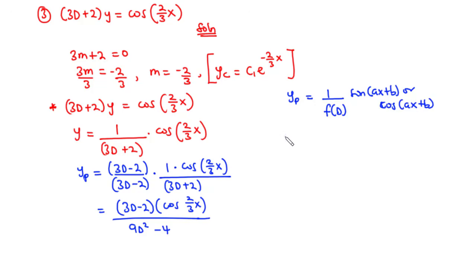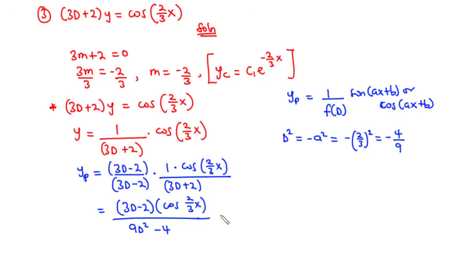Now we know that D squared is equal to negative a squared, where a is the coefficient of x. Now the coefficient of x here is 2 over 3, so that is negative 2 over 3 squared. That becomes negative, 2 squared is 4, 3 squared is 9, so negative 4 over 9.